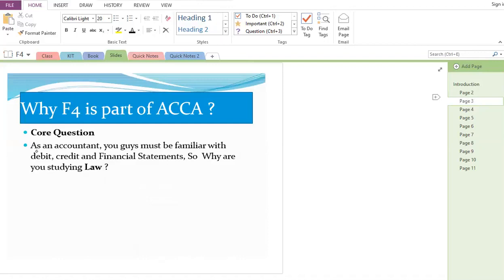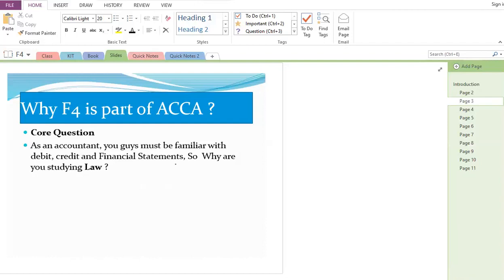As an accountant, you must be familiar with debit, credit, and financial statements. This is your core activity. This should be your core knowledge. You should have a good understanding of investments and financial decisions. You should be familiar with financial statements, accounting standards, ISAs.